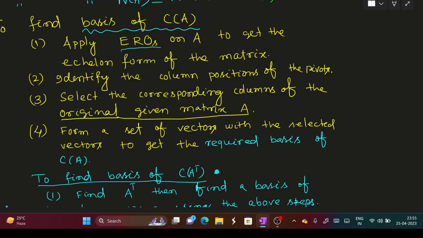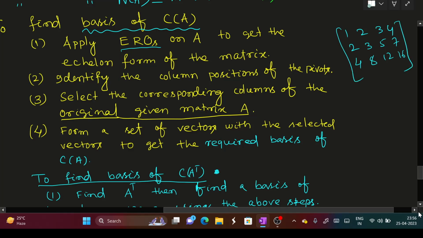For example, suppose I have a matrix with rows 1, 2, 3, 4; 2, 3, 5, 7; and 4, 8, 12, 16. Suppose this is the matrix.